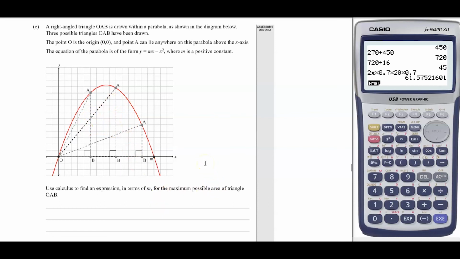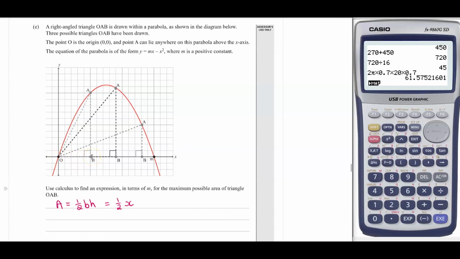So first of all, we need an expression for the area. So area would be half the base times height. But we need that expressed in terms of x. So the base will be the x coordinate, because wherever your value of x is, so if you've got your coordinate a here, your x coordinate will give you the distance away from the origin.